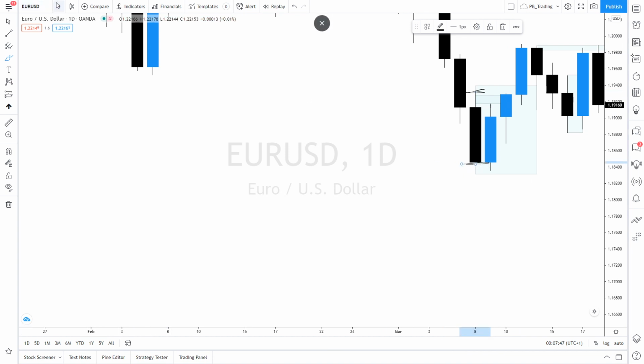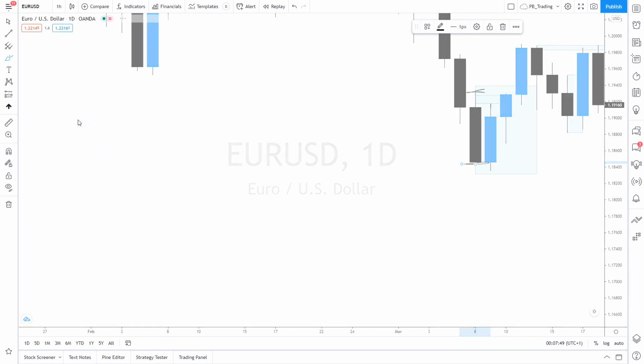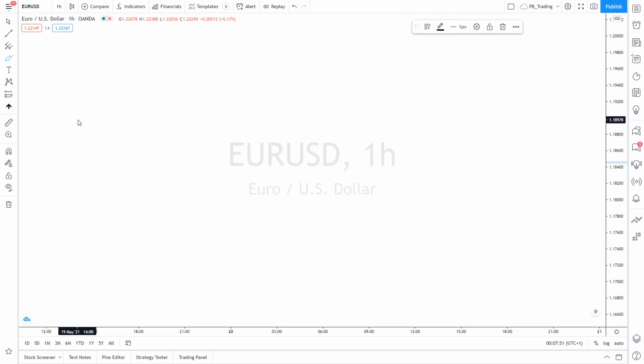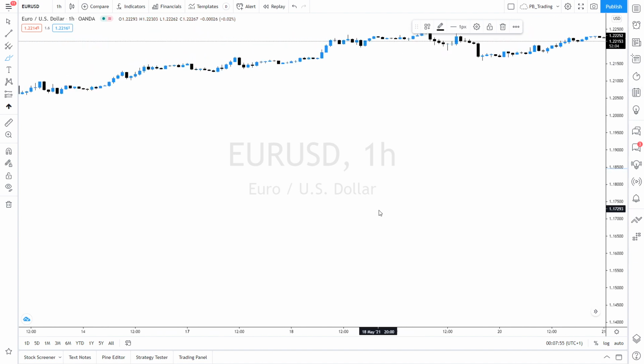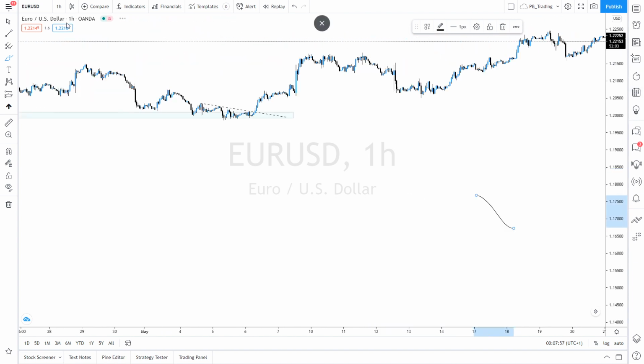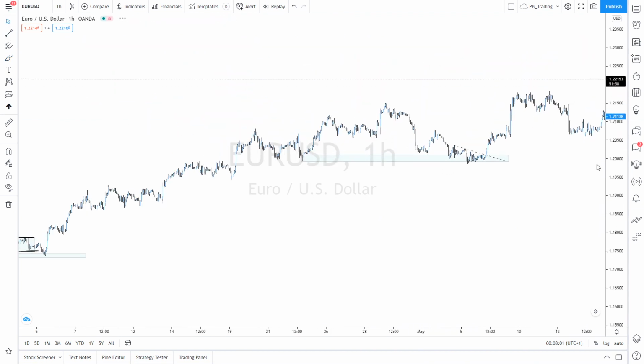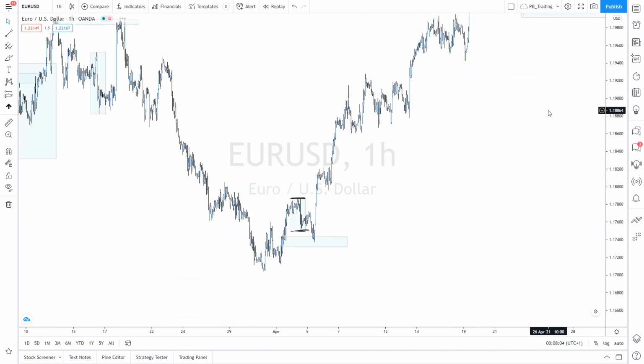Now let's go to 1 hour time frame again. I love using 1 hour time frames a lot. But it doesn't mean you should always be looking at 1 hour time frame. It depends on which type of trader you are, basically, and what time frame you are comfortable with. I just find things more conducive in 1 hour time frames.